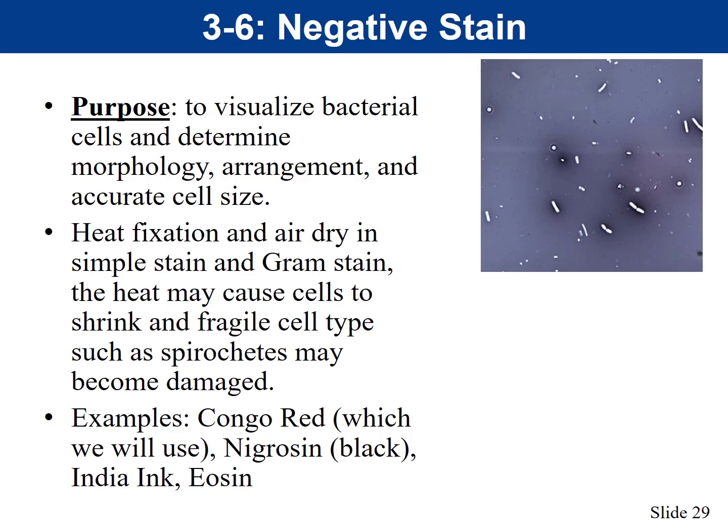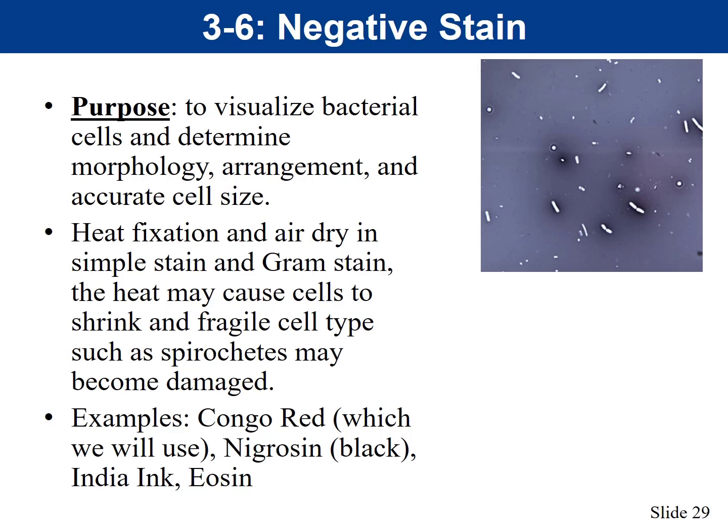The purpose of the heat fix step in the gram stain or in any other simple stain is that it causes proteins to denature, meaning it causes them to unfold, and it also causes those proteins to coagulate, meaning stick together. As a result, the bacteria will adhere to the slide, and it will cause the bacteria to be killed. Why don't we use a heat fix step in a negative stain?